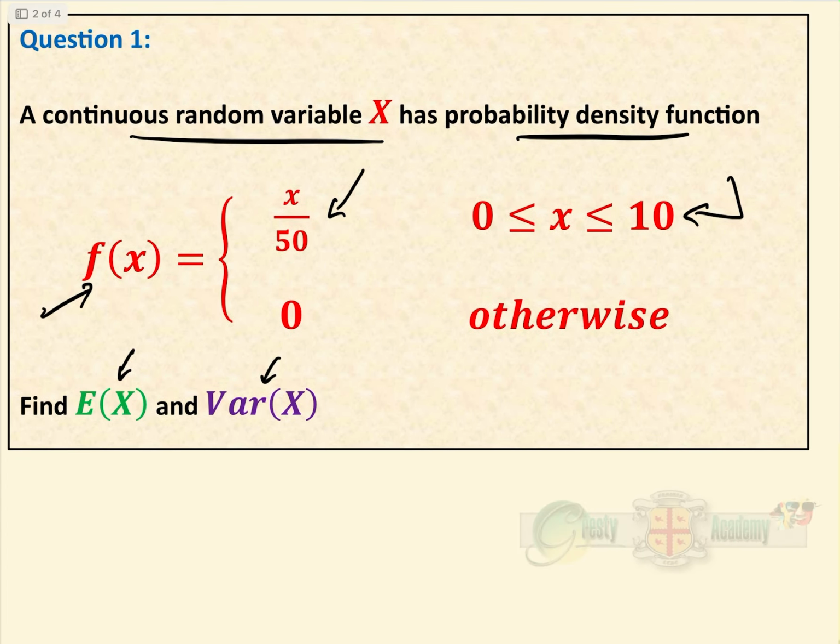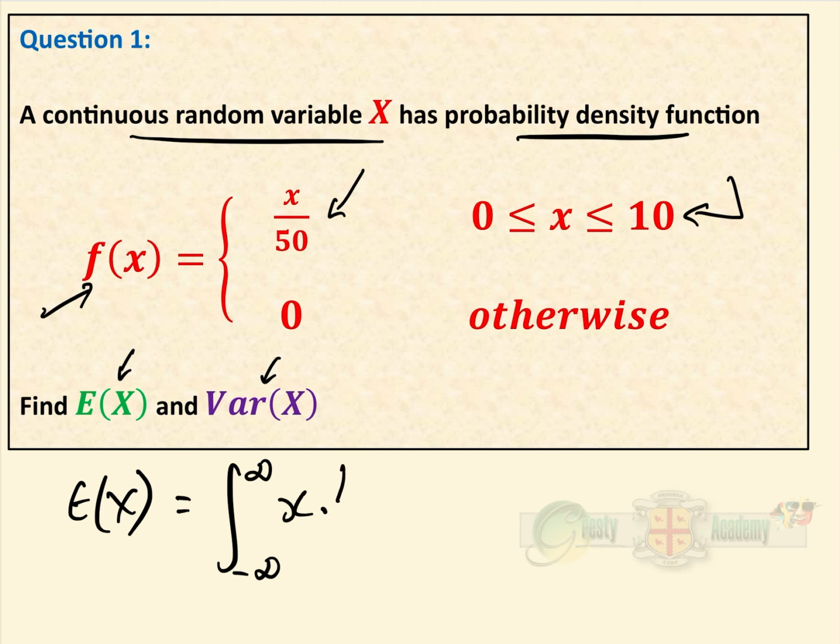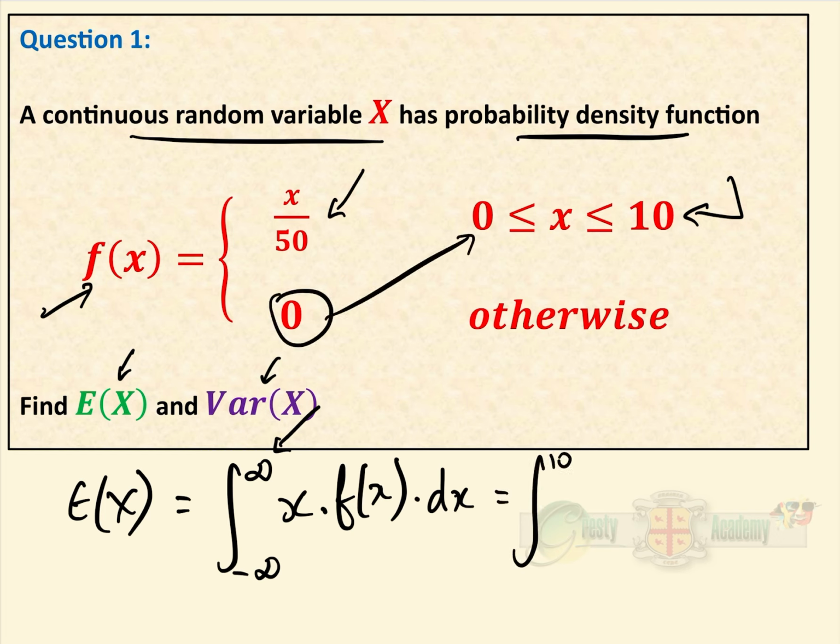Okay, so let's go. We're going to use our formula. The expected value of x is the integral between minus infinity and infinity of x times f of x dx. Now, in actual fact, we don't need to integrate between infinity and minus infinity because it's 0 outside of the range 0 to 10. So in this particular example, we only need to integrate between 0 and 10. x times, here is f of x, x over 50 dx.